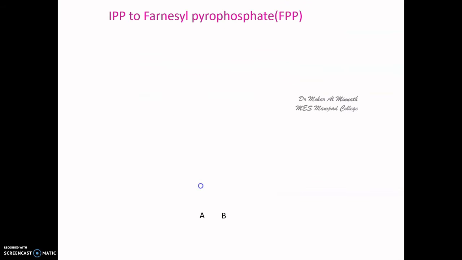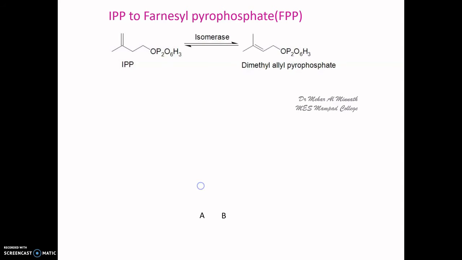Now in the third step, that is conversion of isopentenyl pyrophosphate to Farnesyl pyrophosphate. Isopentenyl pyrophosphate isomerizes in the presence of an enzyme isomerase to form dimethyl allyl pyrophosphate. Now these two isomers, the isopentenyl pyrophosphate and dimethyl allyl pyrophosphate, condense and form a 10-carbon compound.